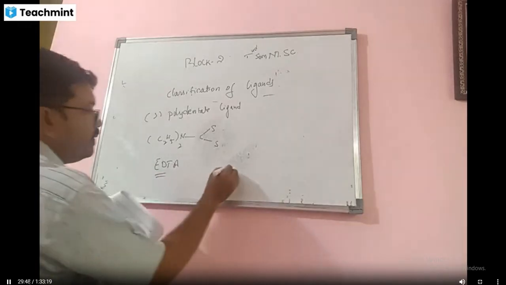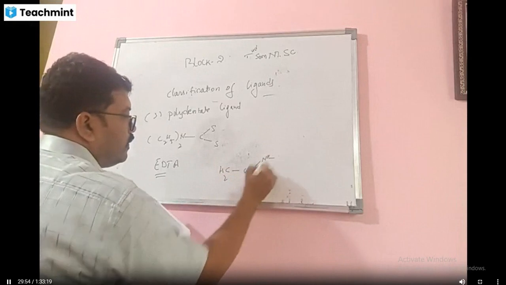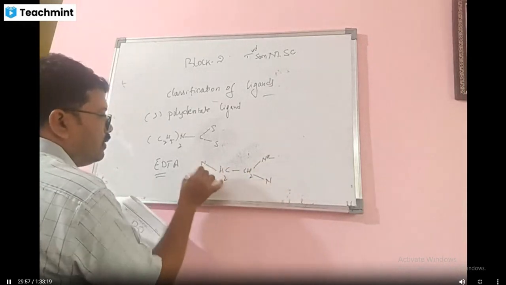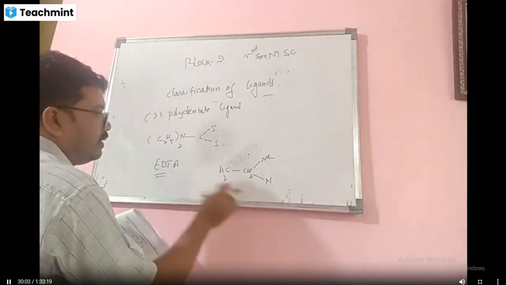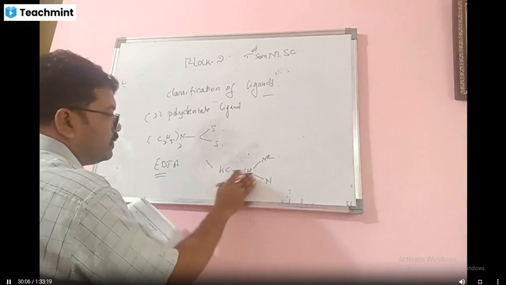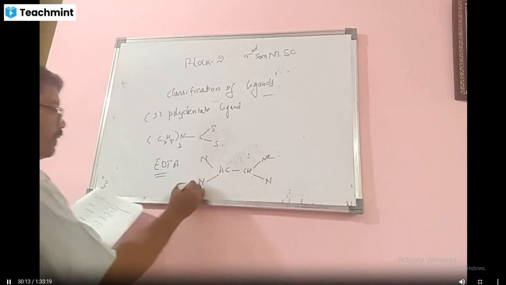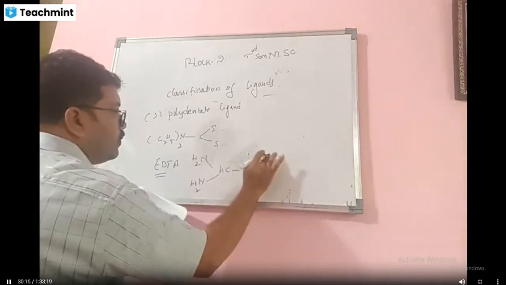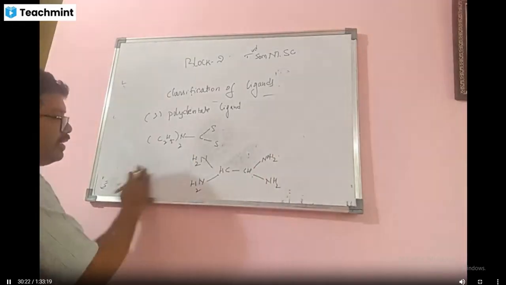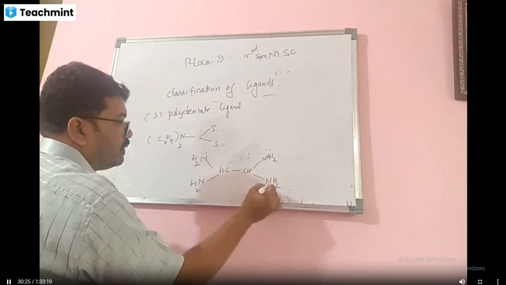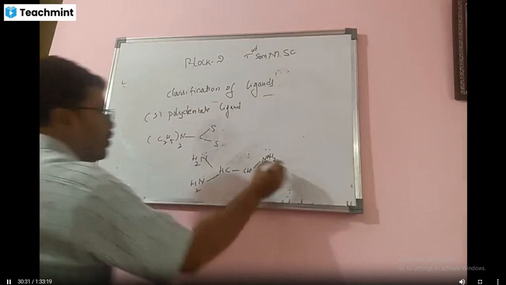EDTA is ethylenediamine with these N, this N, and this N. So this is ethylene tetramine, not EDTA. See, how many are there? Total 4 donors. That's why it is a polydentate ligand.